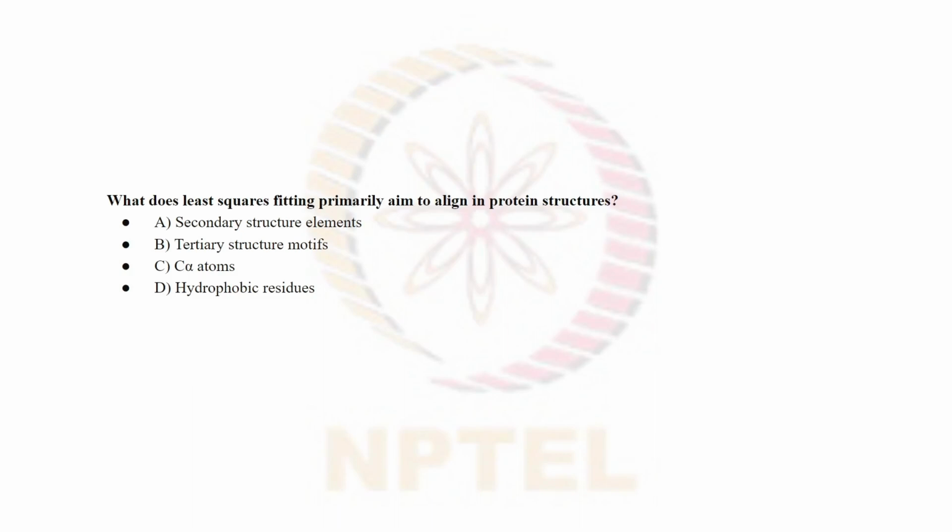So it first takes the backbone C alpha atoms and then tries to overlap the two protein structures based on their backbone C alpha atoms. This overlap is done in such a way that the distance between two C alpha atoms is minimal. So it considers C alpha atoms for the structure superimposition.